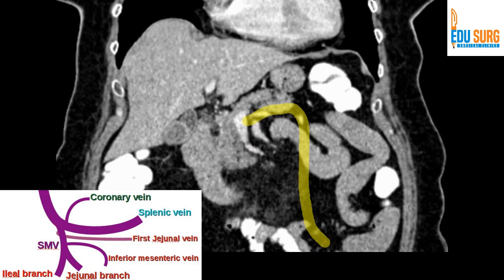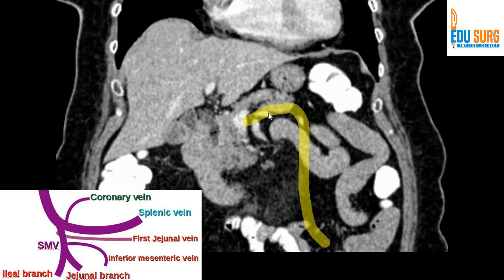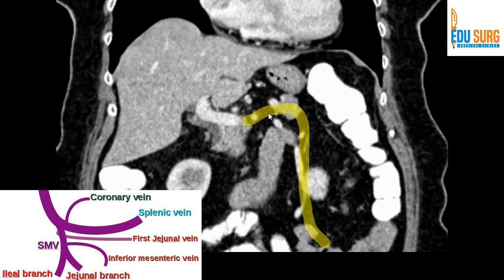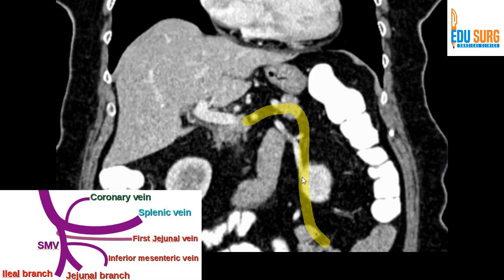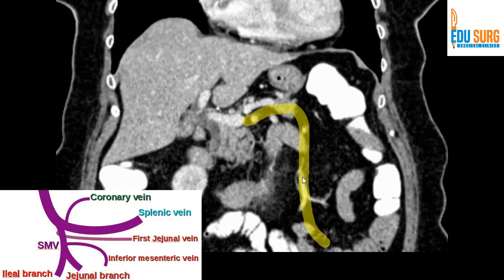So that structure, this one, follow the arrow, is opening into the superior mesenteric vein in this case. This is the inferior mesenteric vein, a very important tributary to identify for surgery, right?